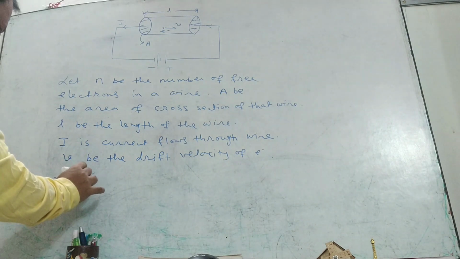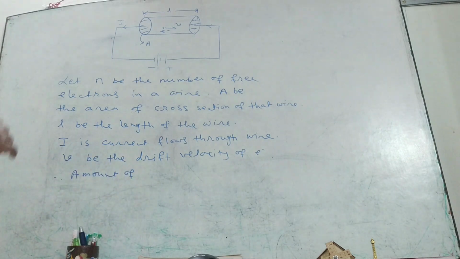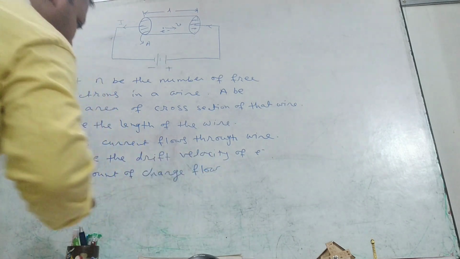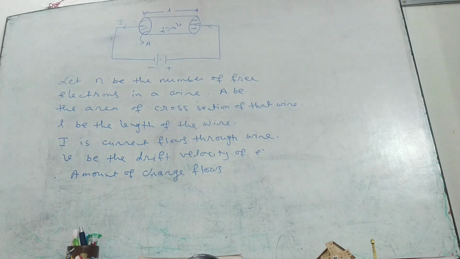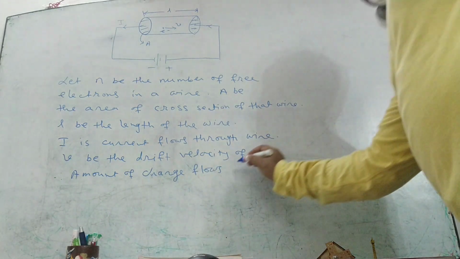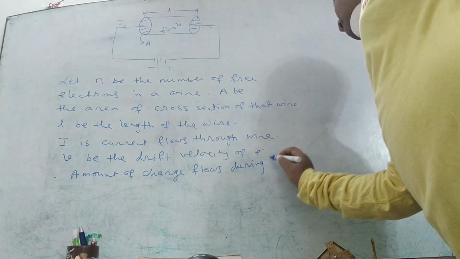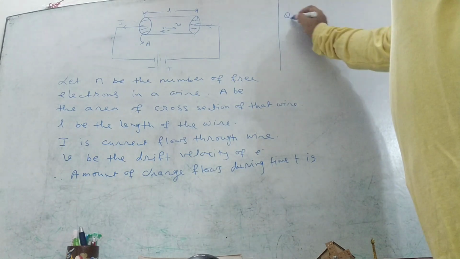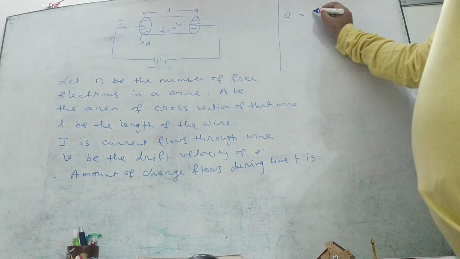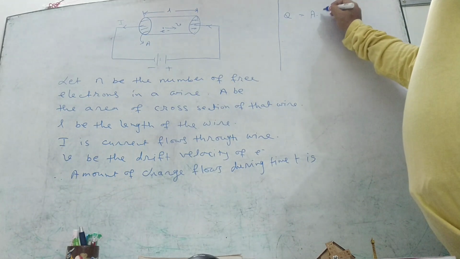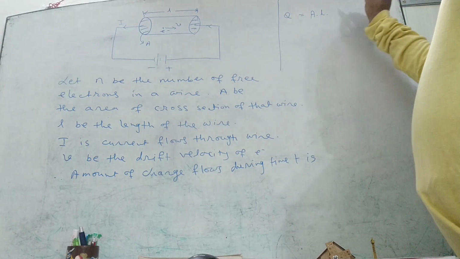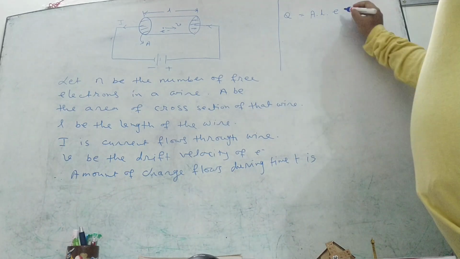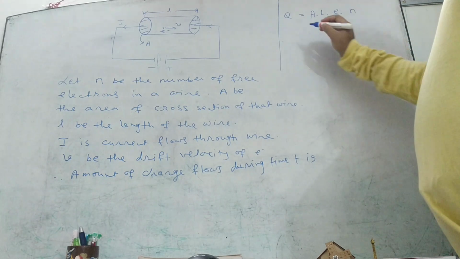Therefore, the amount of charge that flows during time t is Q is equal to volume of the wire into charge of electron into number of electron density.